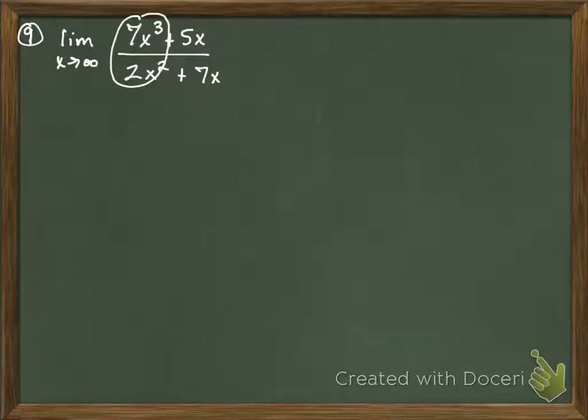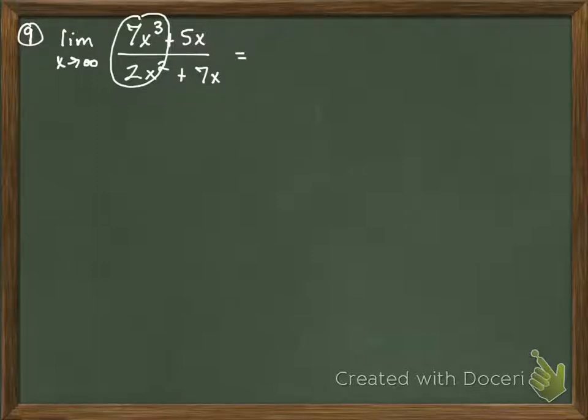So limit as x approaches infinity of 7x to the third plus 5x all over 2x squared plus 7x. All right, so I hear a lot of y'all saying that it is top heavy. Okay, you are correct about that.